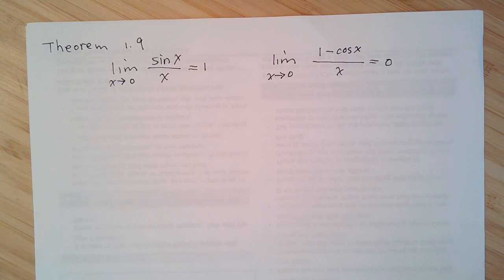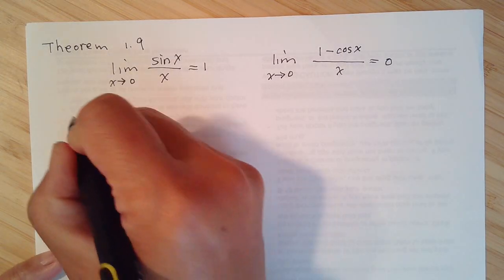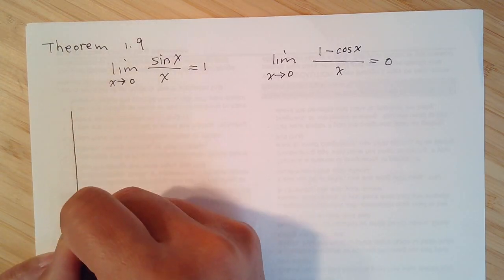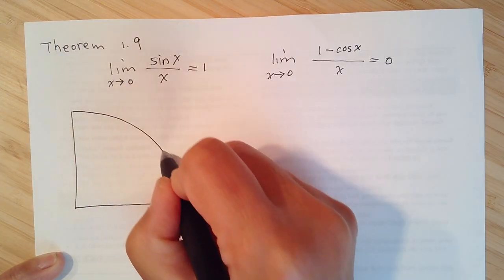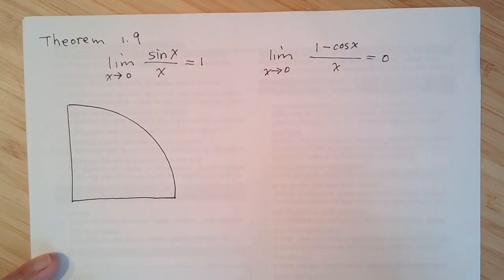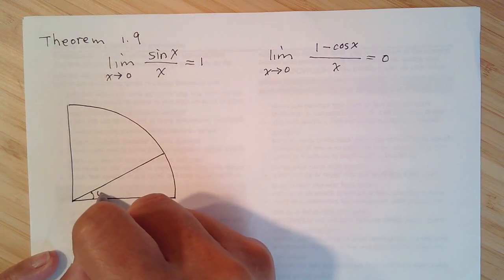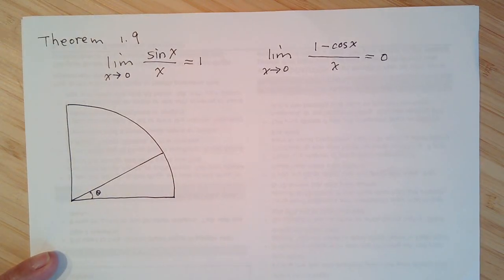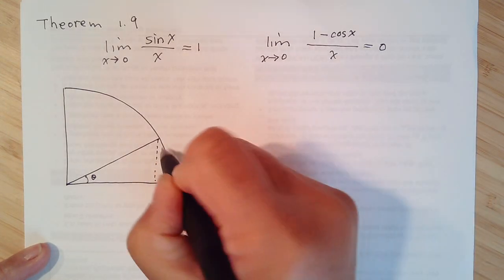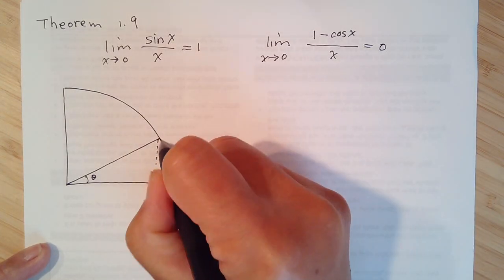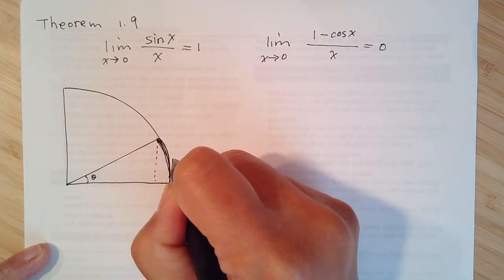Okay, so how should we prove it? Now think about the sine function. If you have the unit circle you learned a long time ago, this is only a quarter of your unit circle. This is your angle, we call it theta, an angle theta. This arc length in radians is also theta.